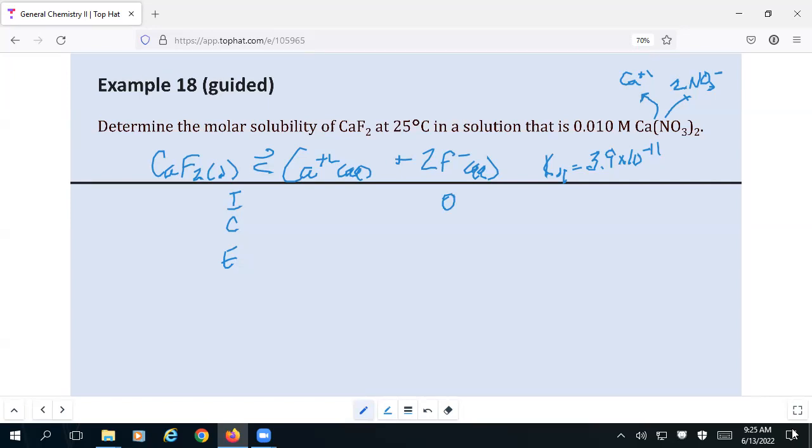Every mole of calcium nitrate is giving us 1 mole of calcium ion and 2 of nitrate ion. So in this case, because the ratio is 1-to-1 between the calcium nitrate and the calcium ion, the concentration here is our concentration there.